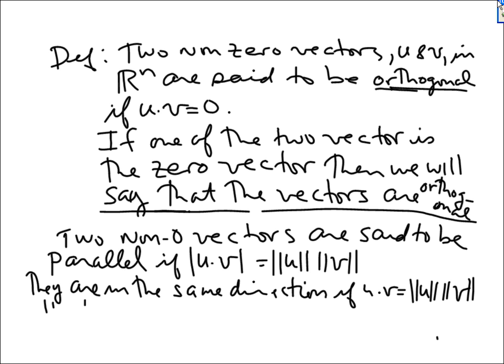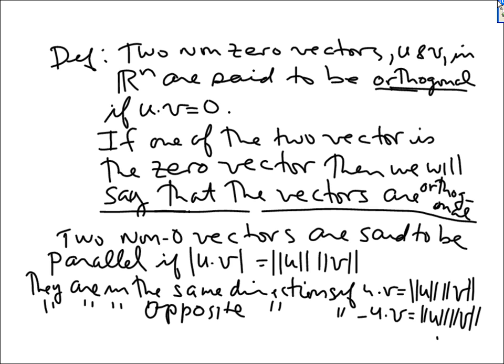Okay, they are in opposite directions if negative u dot v is the length of u times the length of v. And you should understand that, and anytime you forget it, you can come up with it. It's not a major thing.